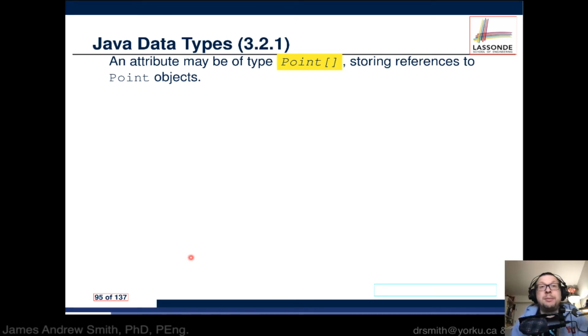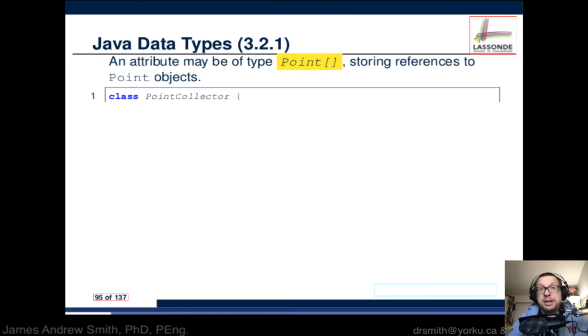An attribute may be of type array. We can have reference types set up as arrays, storing references, plural, to Point objects. So basically inside of this array, we can set up multiple objects.